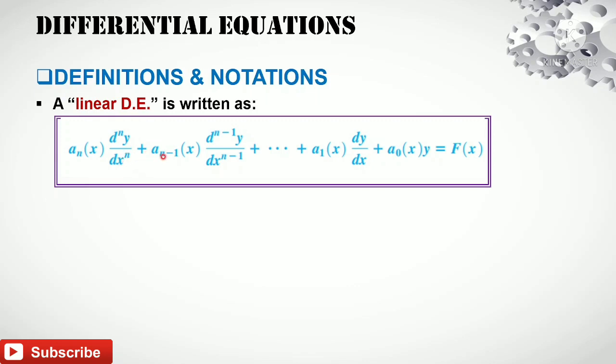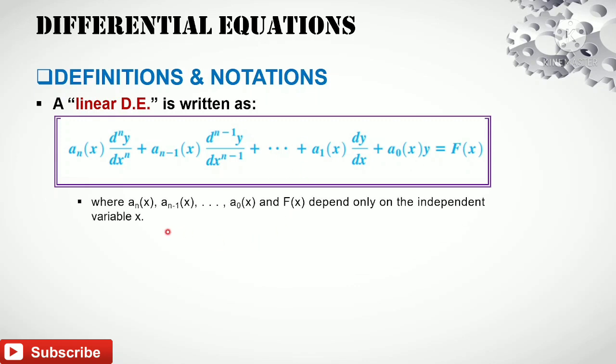The second term is a sub n minus 1 of x times the derivative d^(n-1)y over dx^(n-1). So if you have the nth term, the next one is n minus 1, and the derivative order decreases likewise, until it reaches a sub 1, where dy over dx is first order. Until finally you have a sub 0, where you no longer have the derivative but a function of x only, equal to f as a function of x.